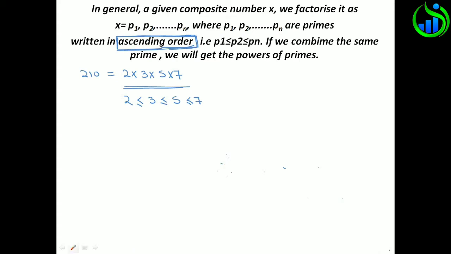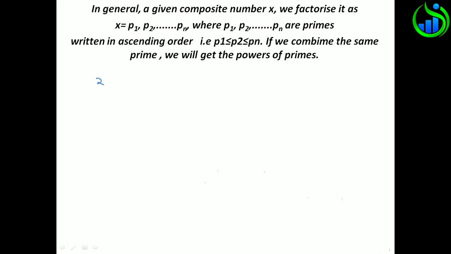Then another example, 255. Dividing by 3: 3 8s are 24, 3 5s are 15, so 3 goes into it. Then 5: 5 1 is 5, 5 7 is 35, so 5 goes into it.